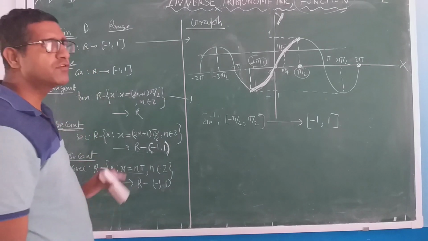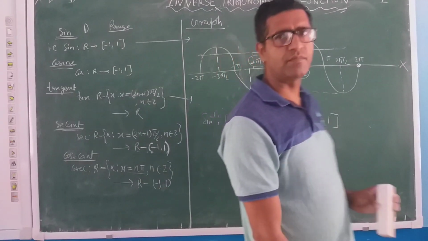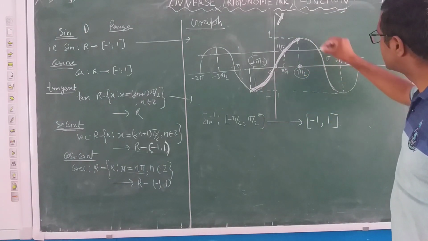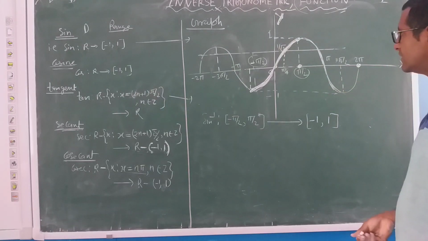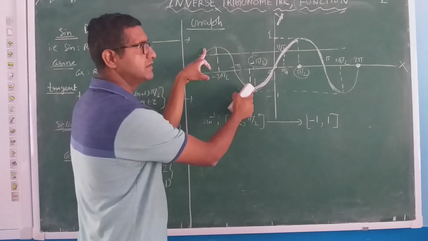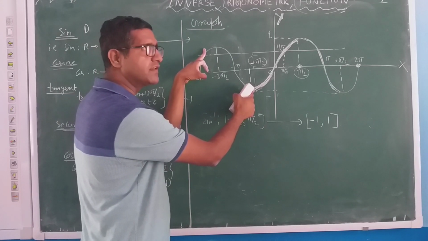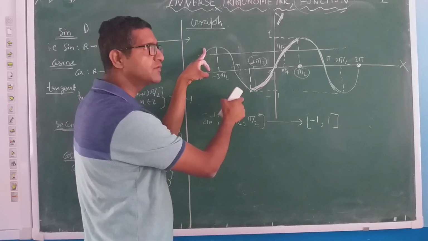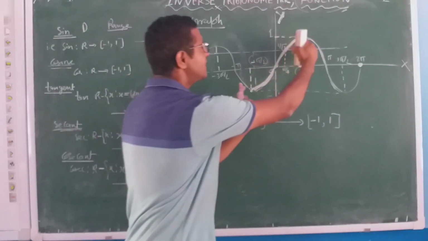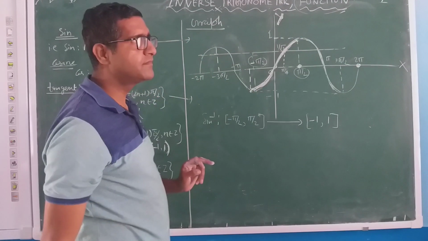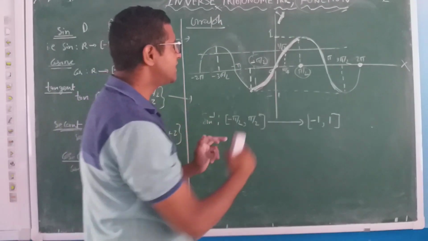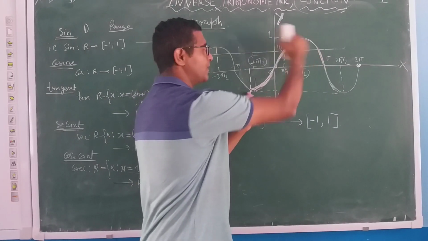So my dear students, one question must arise in your mind: why can't we take this other part? If you take only this part, will it be invertible? Yes, this part is also invertible. But internationally, it is accepted that we will only take the principal domain.